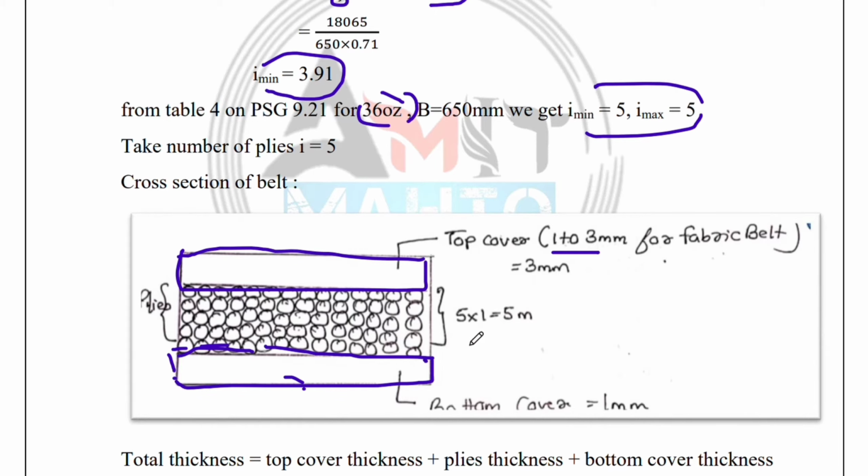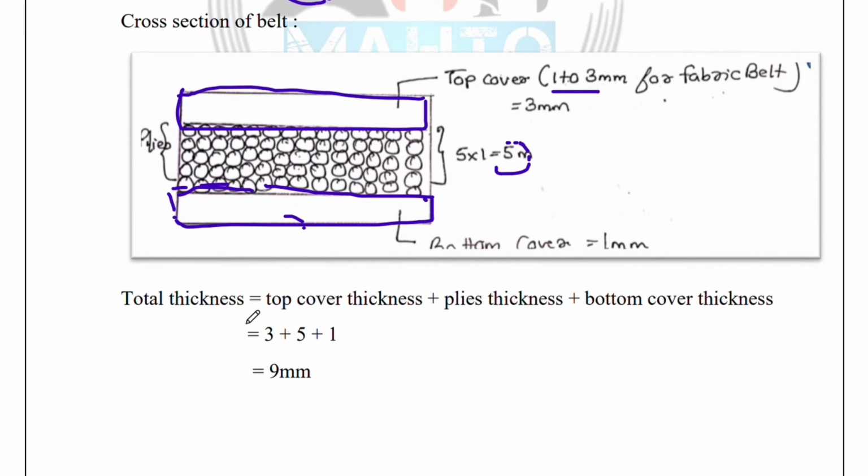This is the plies, which will be 5 into 1, which is the value 5 which we have got here. So total thickness is equal to top cover thickness plus plies thickness plus bottom cover thickness.